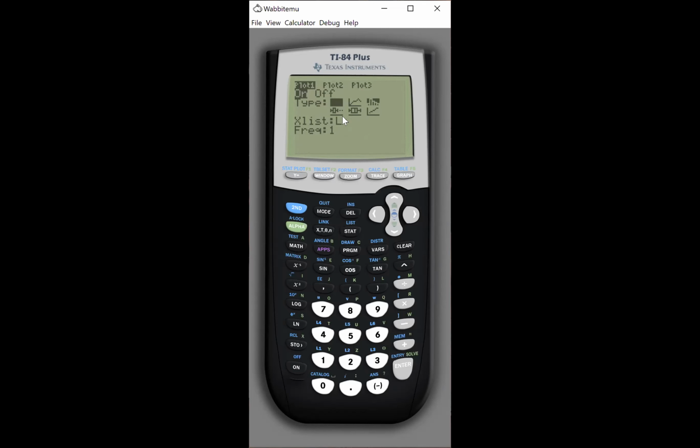Then go down and move to the right, and select the histogram by pressing enter. For the X list, make sure it is L1. Then go to graph, and make sure you hit zoom 9. All right, so everybody should have this histogram right now.